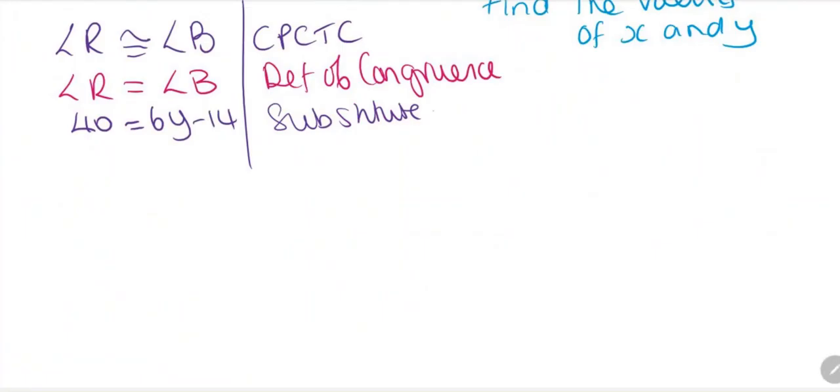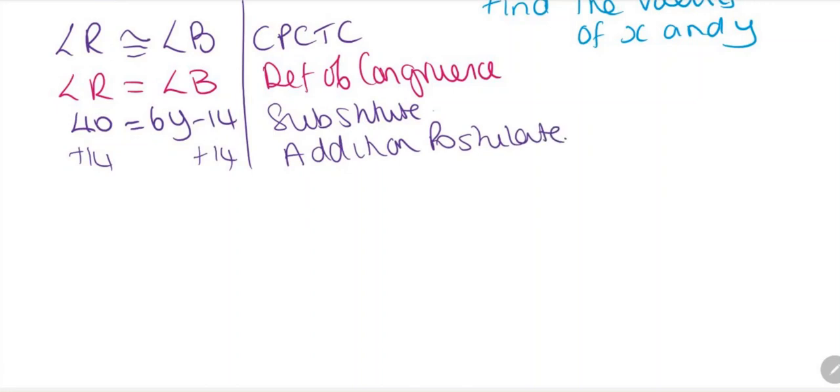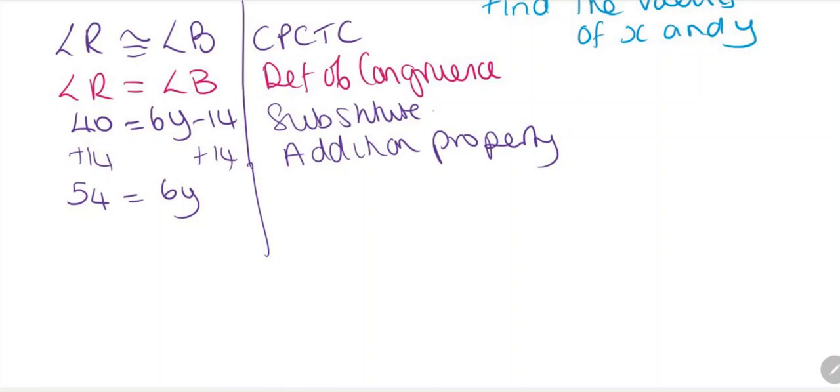Okay, so if we add 14 to both sides, so that is the addition postulate, or addition property, we can write addition property. So I will have 54 is equal to 6y. And I'm going to divide both sides by 6.